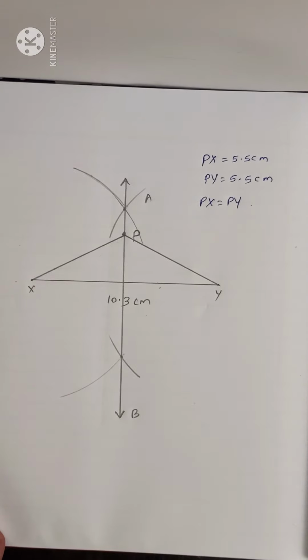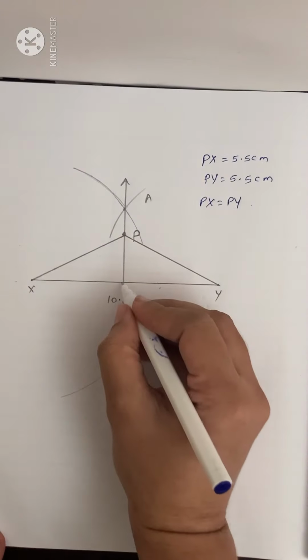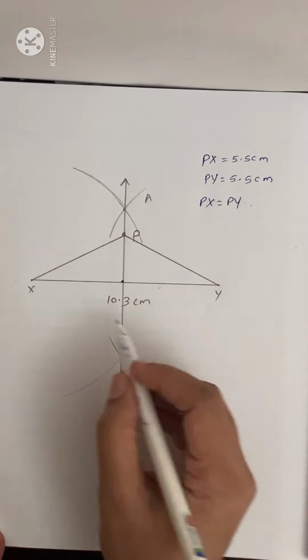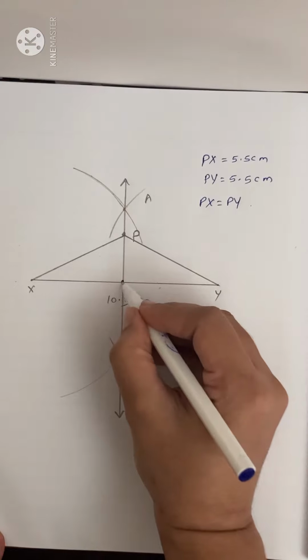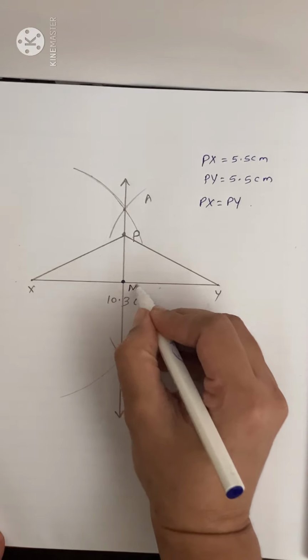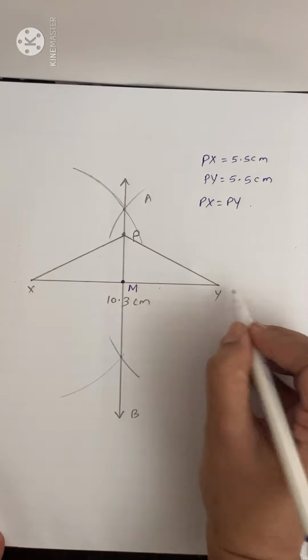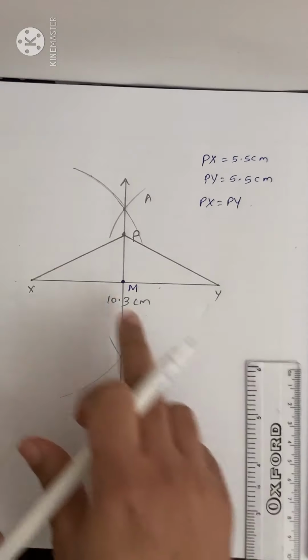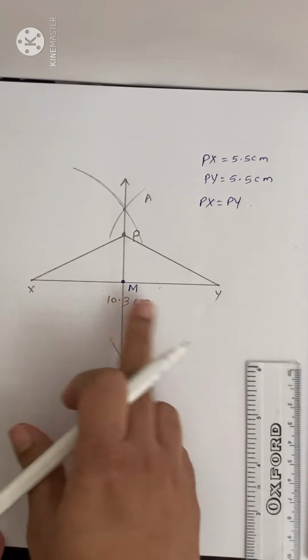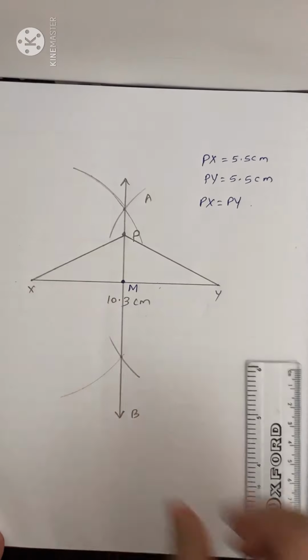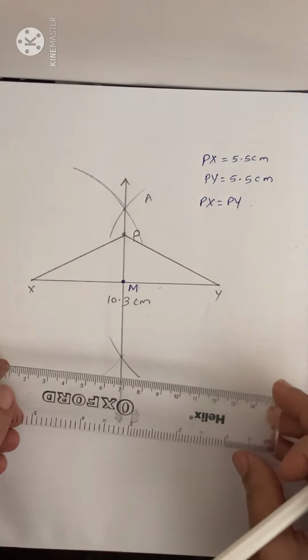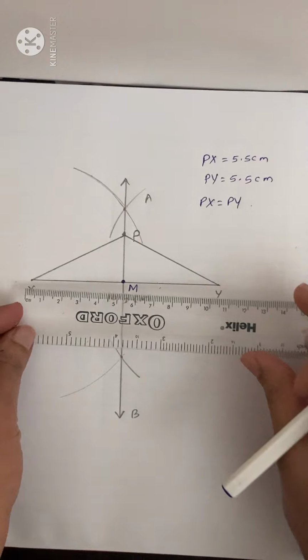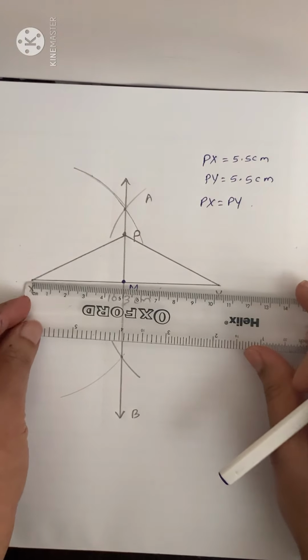Now, part B. If M is the midpoint of XY, what can you say about the lengths MX and XY? Since AB is the perpendicular bisector of XY, this point M is the midpoint of XY. Perpendicular bisector means it cuts the line segment into two equal parts. We can check that MX and MY are equal by using the ruler.